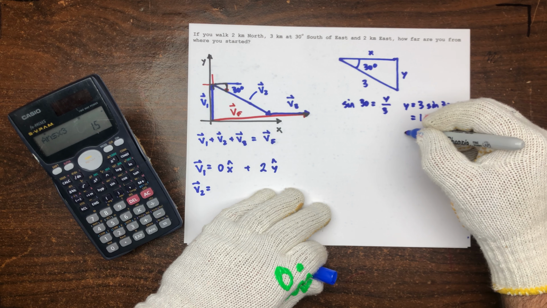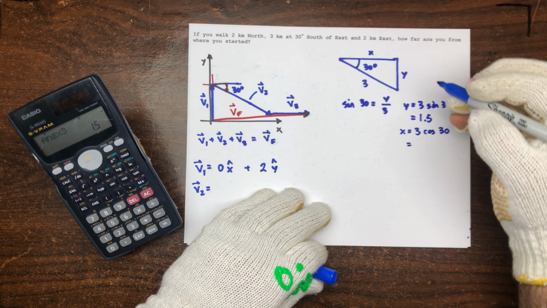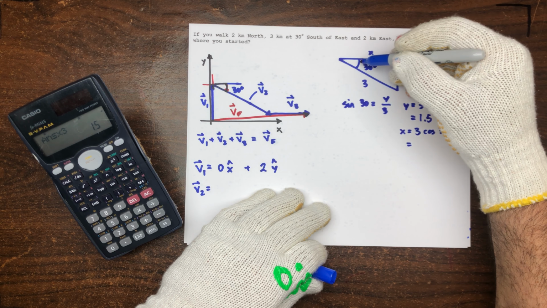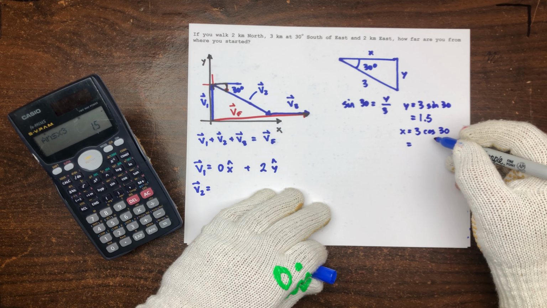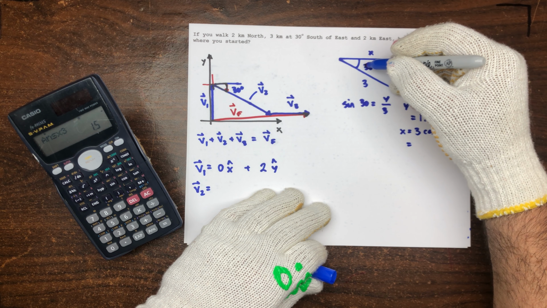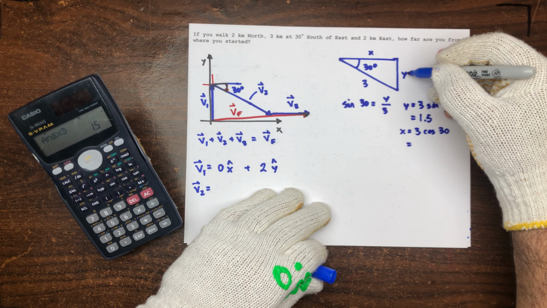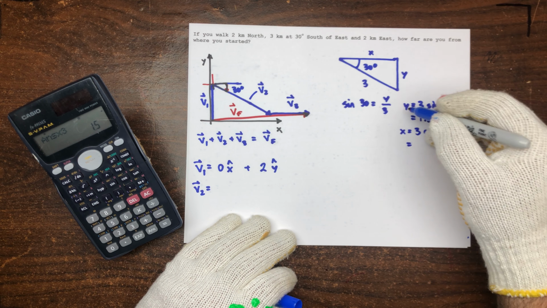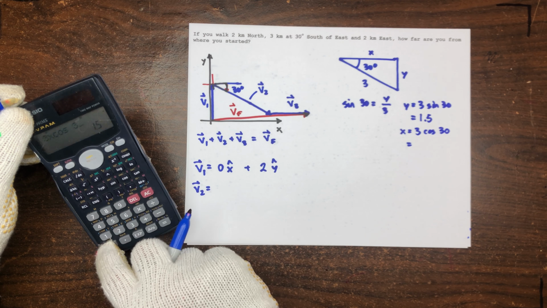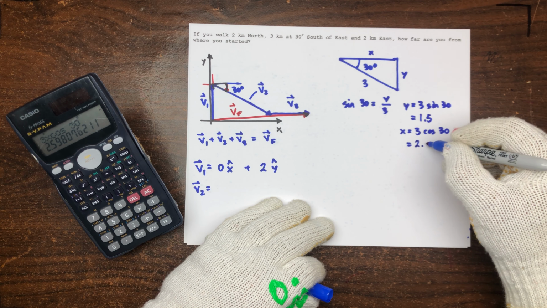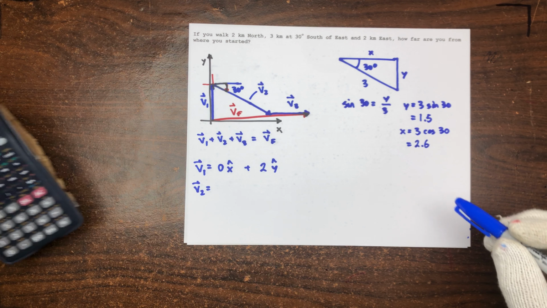Similarly, x is equal to 3 cosine 30, because x is going to be the adjacent one, whereas sine is associated with the y. It's not always the case. It's just that sine is opposite, and in this case, the opposite of this angle is y. It does not mean that sine is always associated with y. 3 times cosine of 30 is equal to 2.6. Okay, so now I have my components.